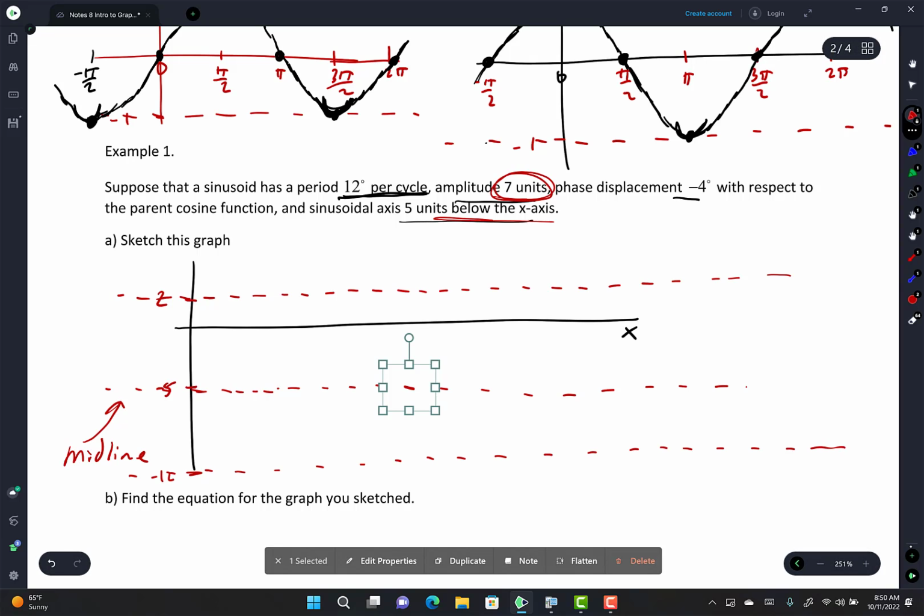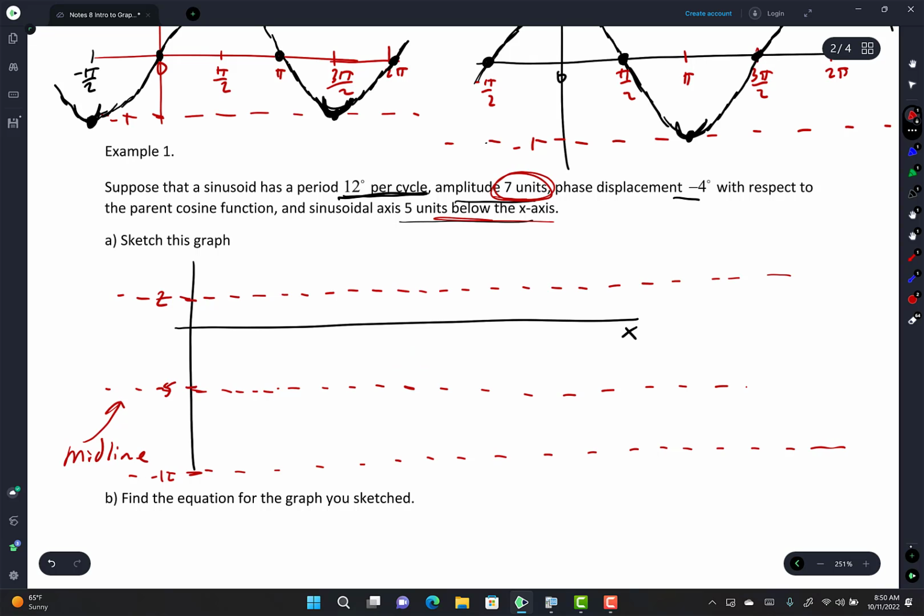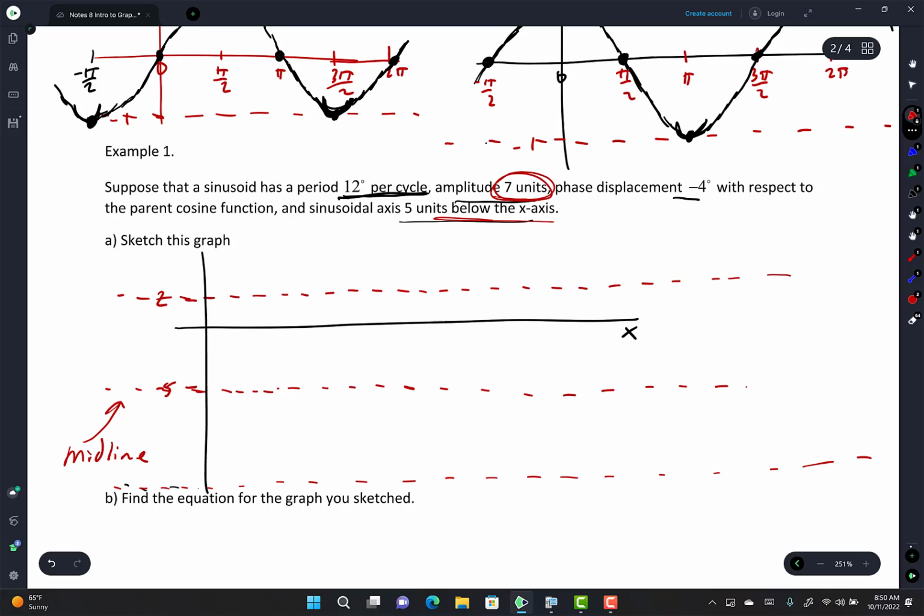You're not going to go below that. I'm trying to make it symmetric. Does it look symmetric? Maybe this should be a little further below. Let me make it a little more below. There, now it looks good.